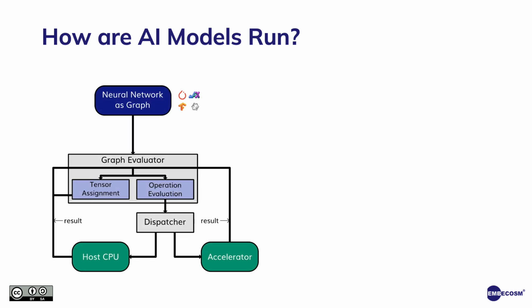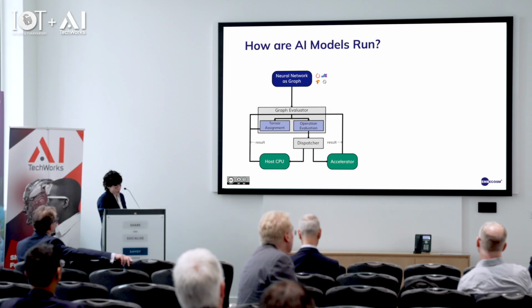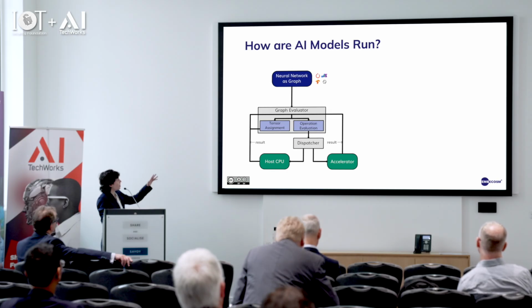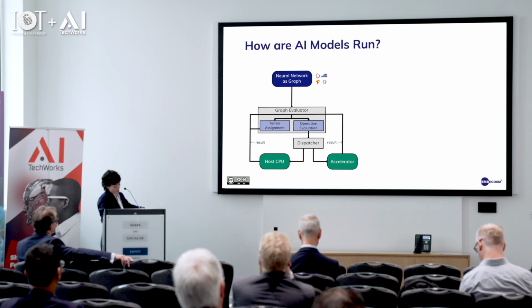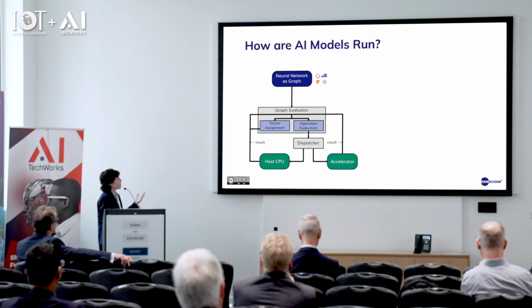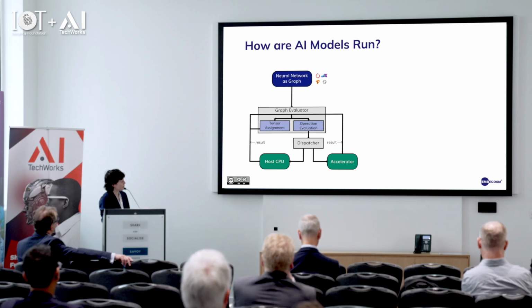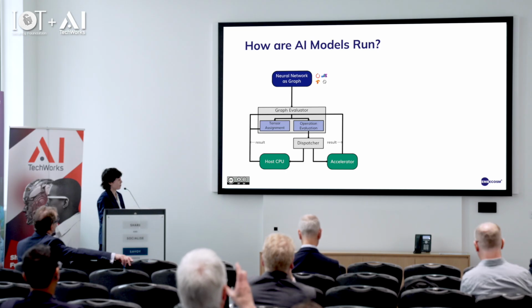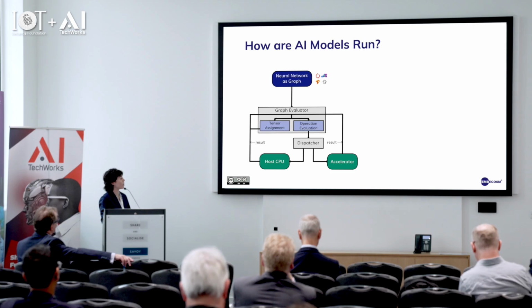At a high level, this is what it looks like. We have a neural network represented as a graph. We have the graph evaluator, which goes through the whole graph, and it performs two key tasks: the tensor assignment and the operation evaluation. The tensor assignment is pretty much the memory allocation, and the operator evaluation is the actual math, so running convolutions or whatever calculation we need.